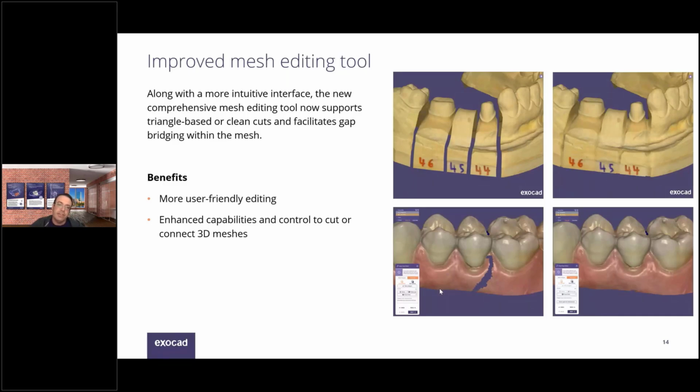There's an open edge to it, so the software can now handle those situations, estimate a mesh surface, and fill in those gaps. This improves the functionality of editing and repairing your scan data, hopefully without requiring another third-party tool, increasing the functionality within the exocad environment.